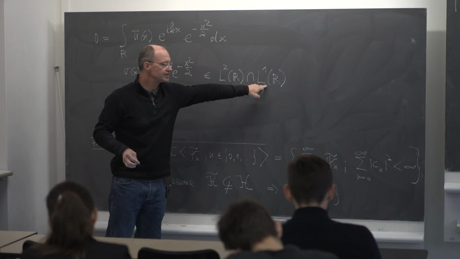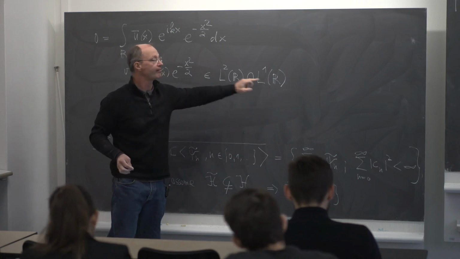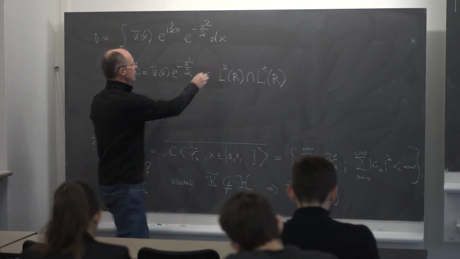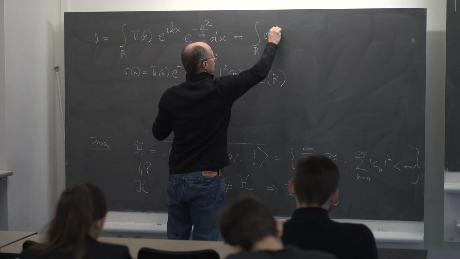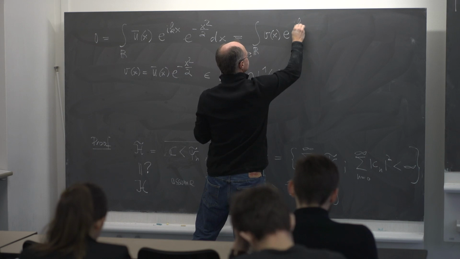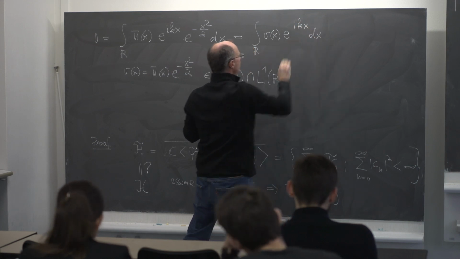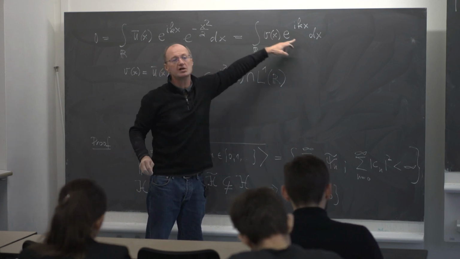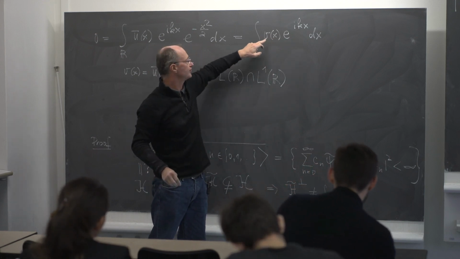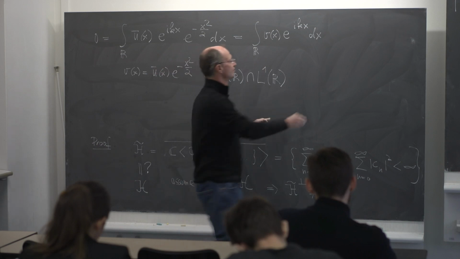But now, since this guy is in L1, this expression I can rewrite as an integral over R of v of x exponential ikx dx. And all of a sudden, this defines a Fourier transform of this function v of x.